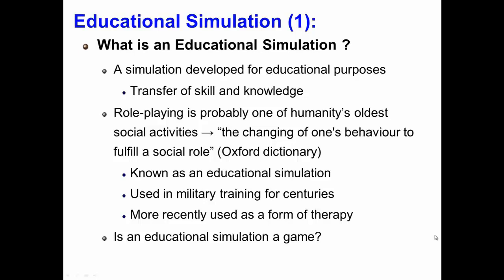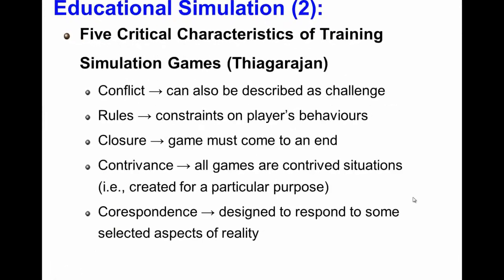And within that context, he identified 5 critical characteristics of training simulation games. So according to Thiagarajan, the 5 critical characteristics of what he terms simulation games are as follows. Conflict, which can also be described as challenge. Rules, which essentially are constraints on the player's behaviors.